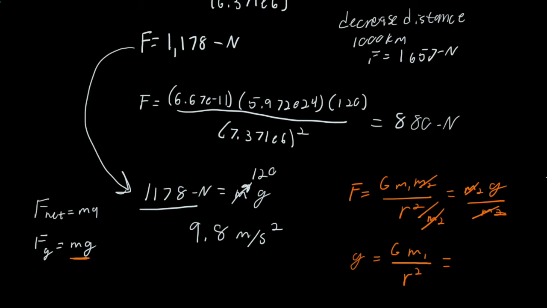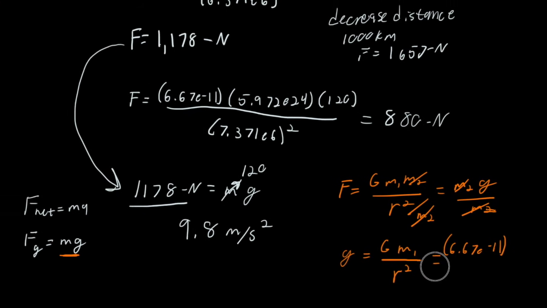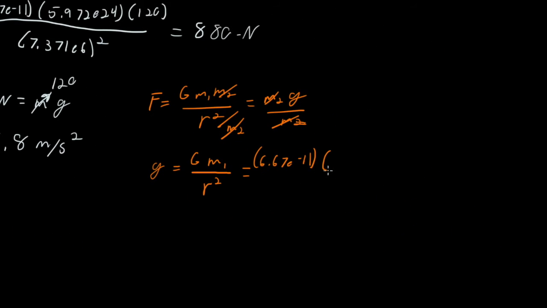So let's plug these numbers in. Let's go 6.67 e negative 11. And then we've got, for our mass, 5.972 e24. And then divide that by the radius squared, which is, again, 6.371 e6 squared.